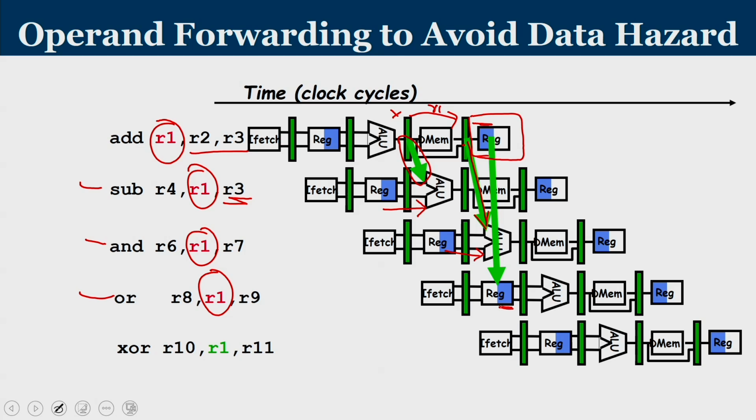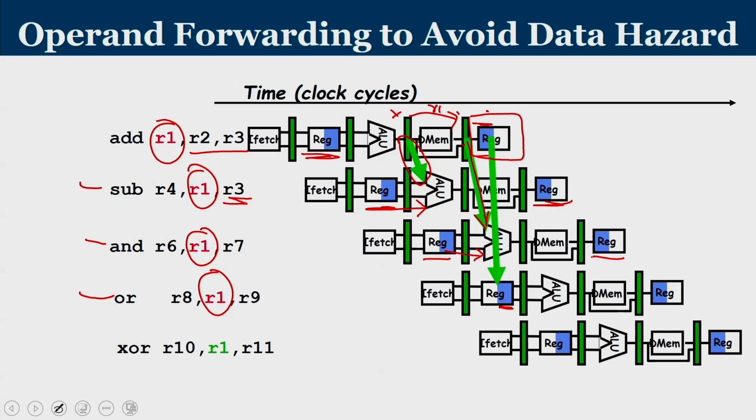So, in order to take care of reading and writing from a register, writing happens in the first half of a clock cycle and reading happens in the second half. That is why, in the register access stage, we can see a white color and a blue color always.